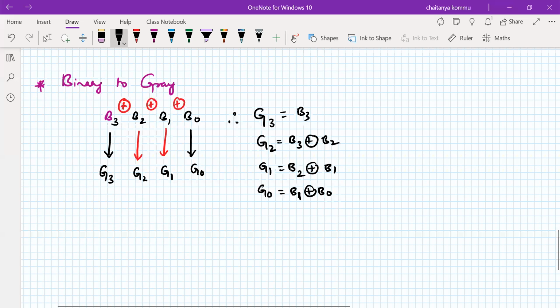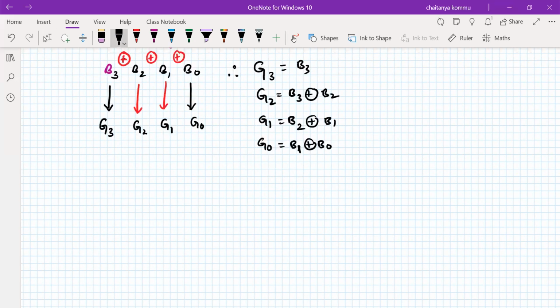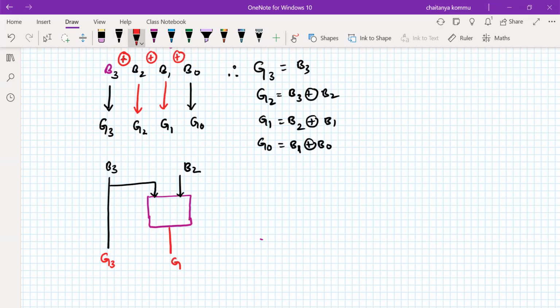So therefore, what is the logical diagram? What is the structure design for this one? It is a bit by bit thing that we have to do. If we consider B3, we can generate G3 here comfortably. But we have to take one particular block. For this one, B3 is required and B2 is also required, and we are able to generate G2.